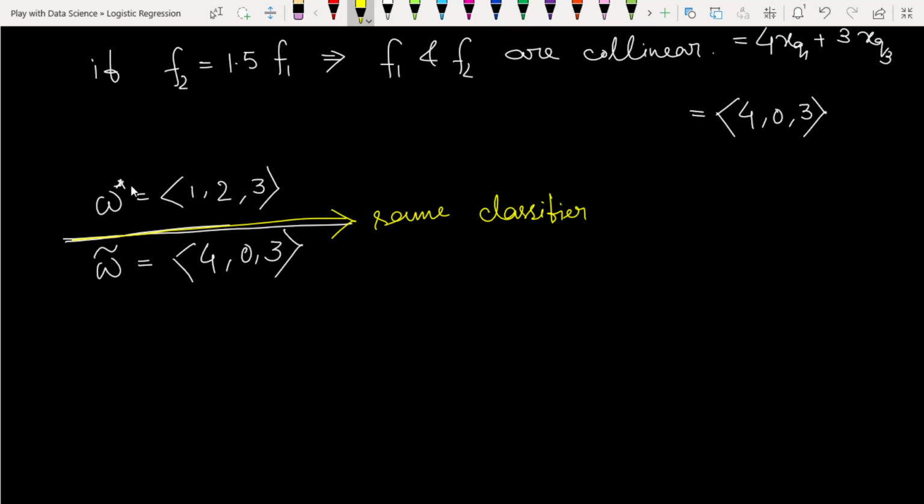If you take the absolute value of the wj's in w star, you can see f3 is the most important feature.